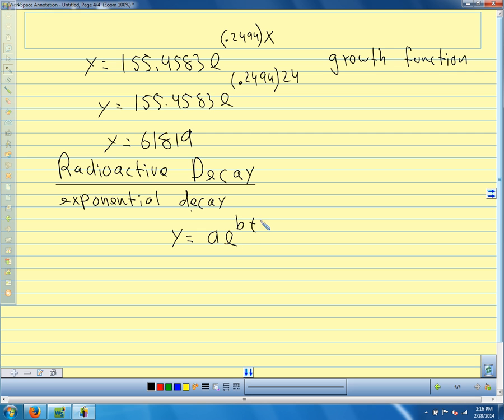For radioactive decay, a is the initial amount. And b for radioactive decay is always, and we talked about this a little bit yesterday, the natural log of 0.5 divided by the half-life.